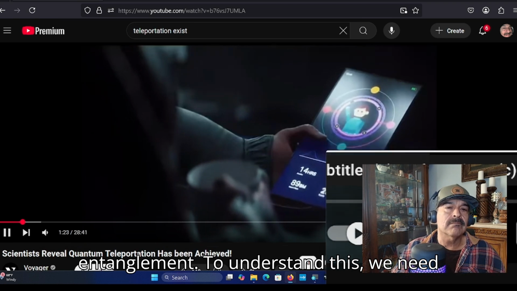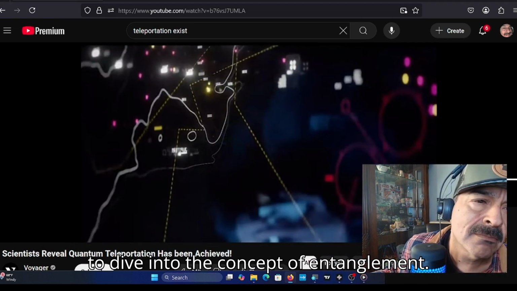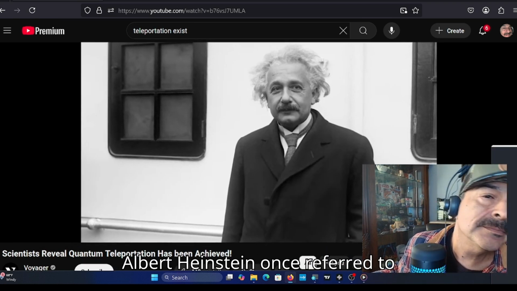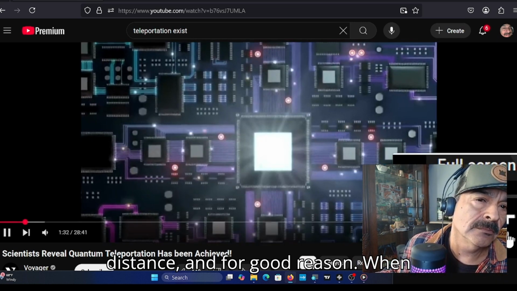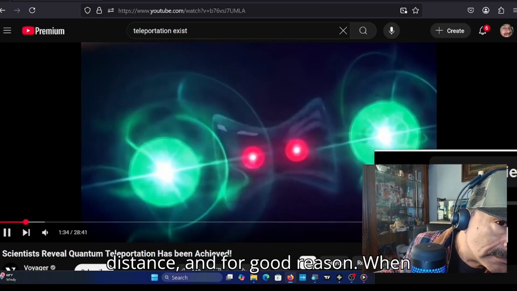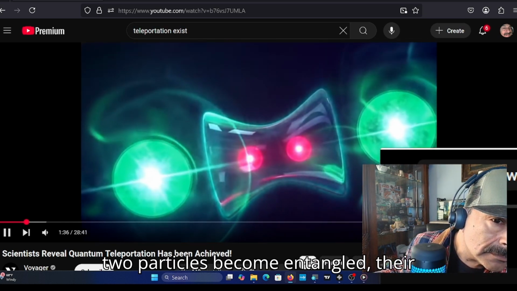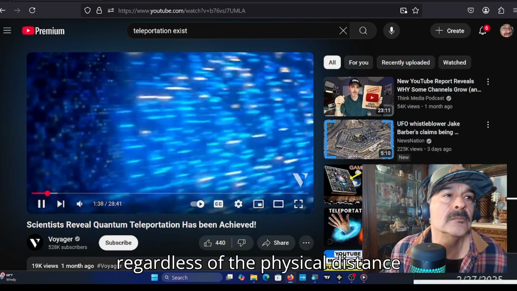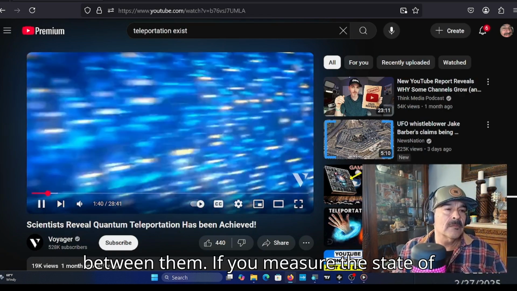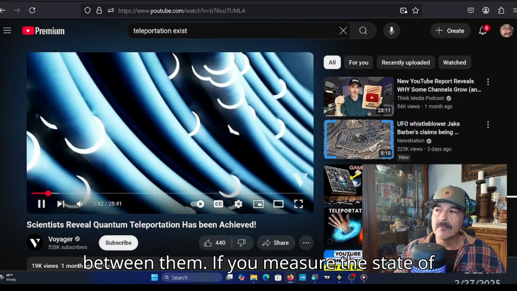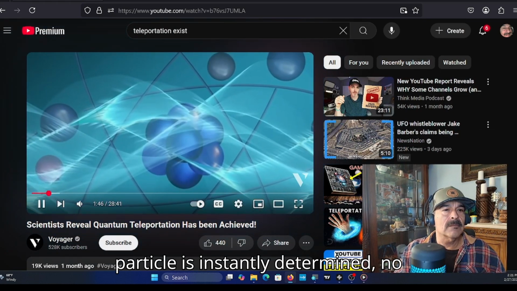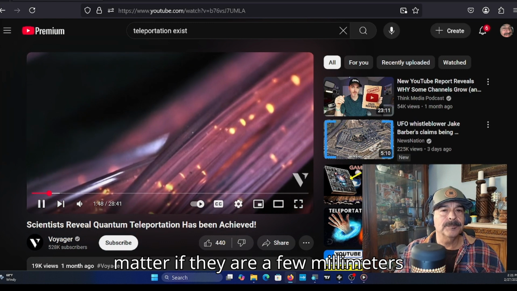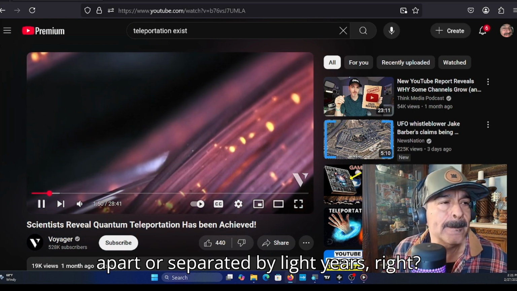To understand this, we need to dive into the concept of entanglement. Albert Einstein once referred to entanglement as spooky action at a distance, and for good reason. When two particles become entangled, their states are intrinsically linked, regardless of the physical distance between them. If you measure the state of one particle, the state of the other particle is instantly determined, no matter if they are a few millimeters apart or separated by light years.